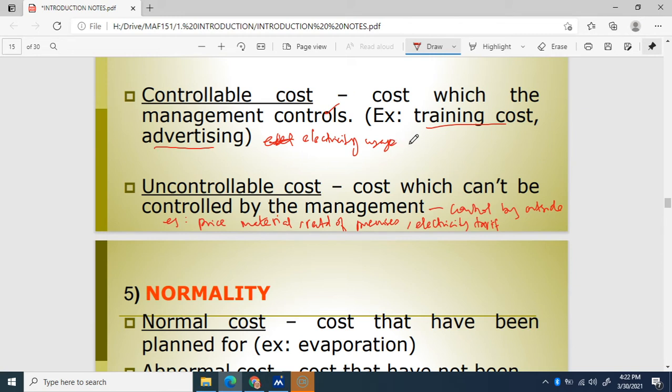How many hours you switch on your light or your aircon can be controlled. The usage can be controlled, but the tariff cannot. The same goes for material. The price is uncontrollable, but the usage of material, how many units to be used, can be controlled. So this is the controllability classification.